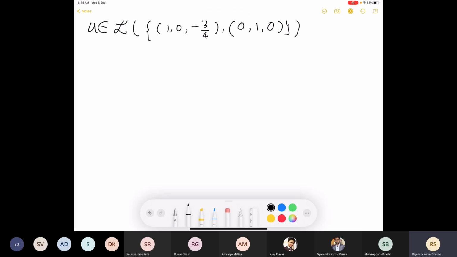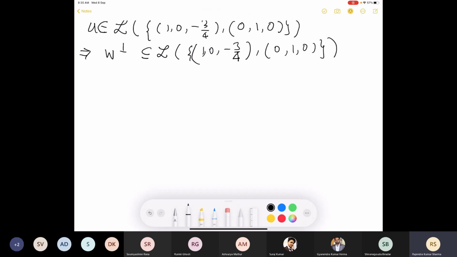These two vectors are linearly independent. So W orthogonal is contained in the linear span of (1, 0, minus 3/4) and (0, 1, 0).